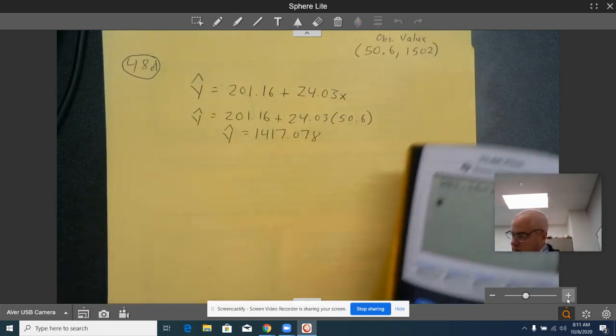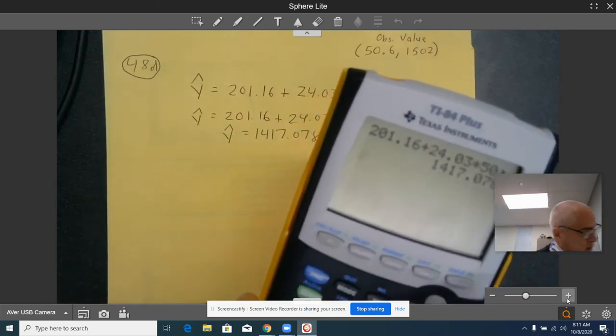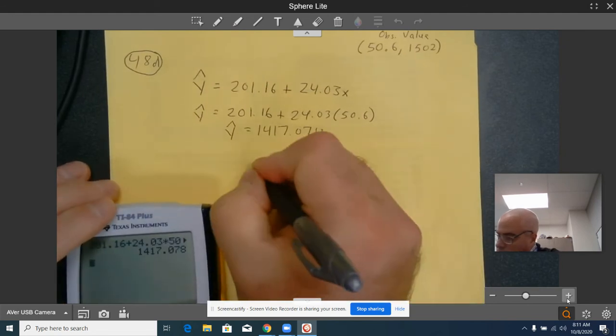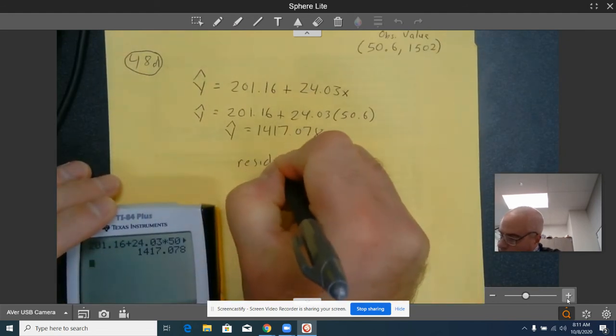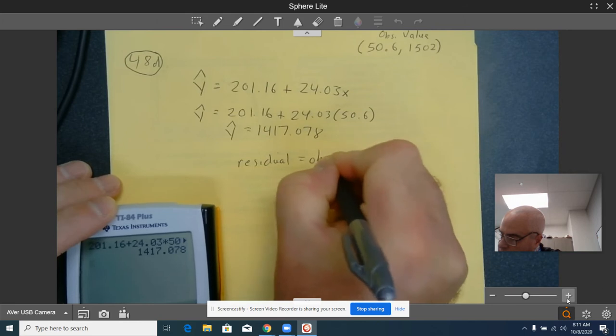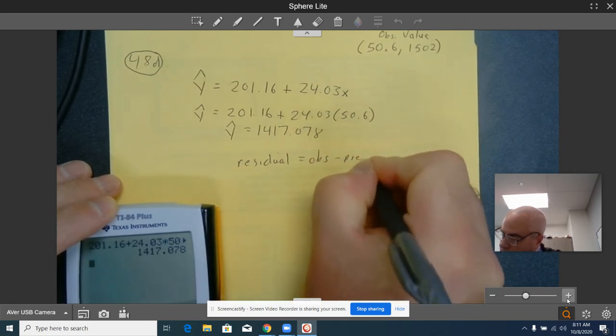Now I need to find the residual. Residual is observed minus predicted value.